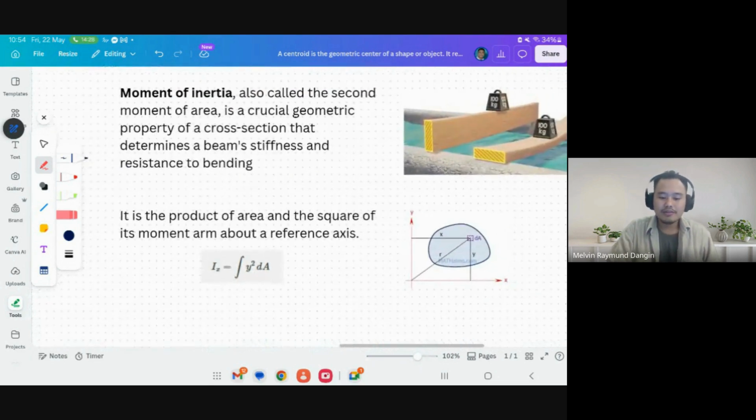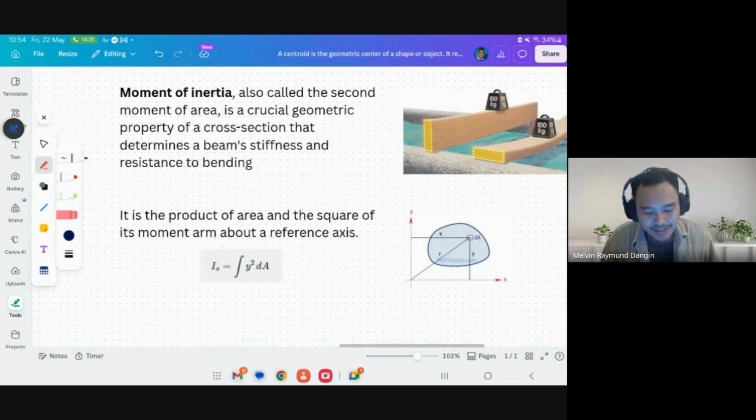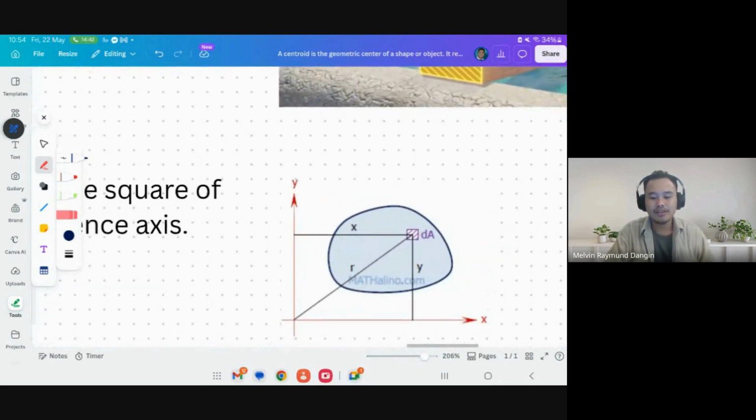In a mathematical sense, it is the product of the area and the square of its moment arm about a reference axis. So in this case, this is your material, but you take a small portion of that and you multiply. This dA is your representative area, and then you multiply that by this moment arm about the x-axis.